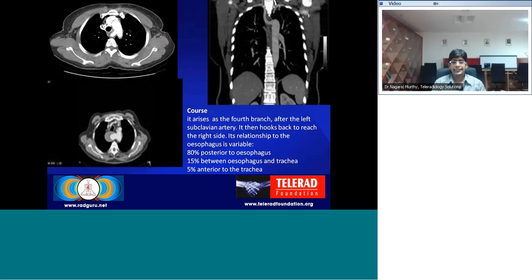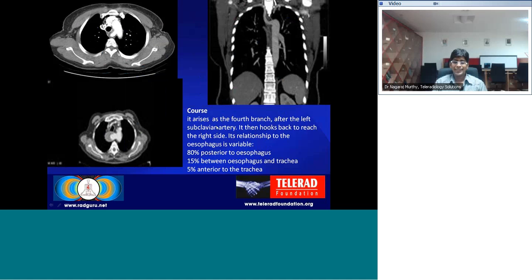This is the CT showing aberrant right subclavian artery showing the trachea and the esophagus. This is the coronal MPR showing the aberrant right subclavian artery course. This image shows thrombosed aneurysm of the right subclavian artery.